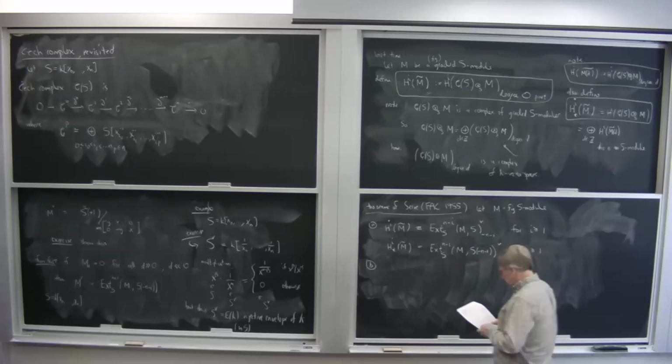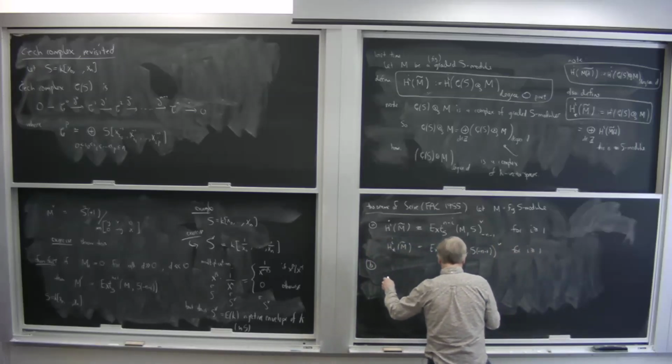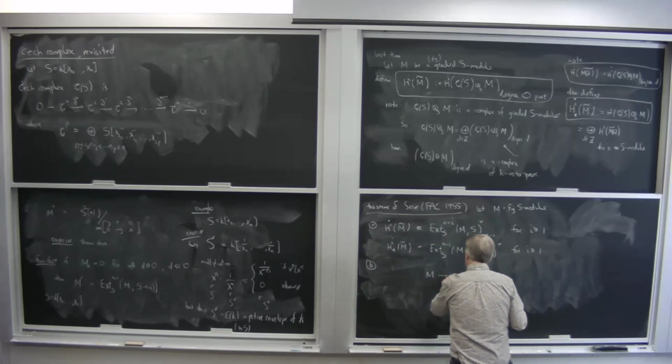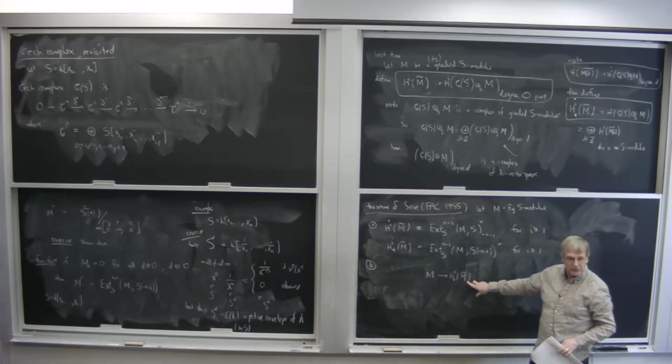It's actually a pretty good comment. But now what happens at i equals 0? Then we get the following. We always have a map from M into this H^0 lower star of M tilde.